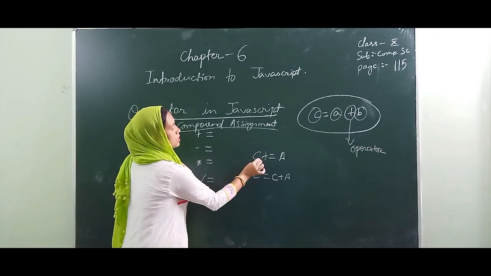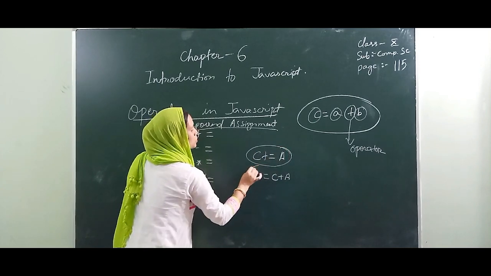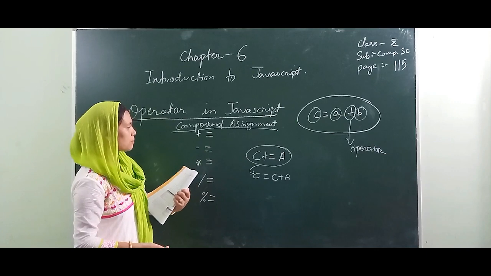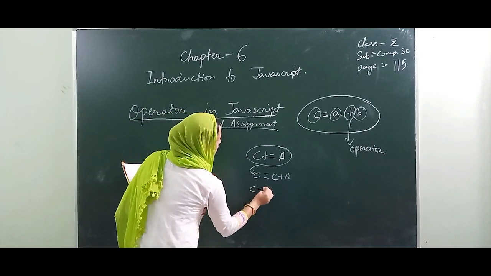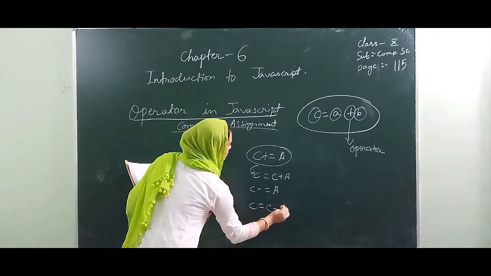That means C will be added with A and that same value will be assigned to C again. Alright. So in this manner the compound assignment operator will work. The next example, like C minus equal to A. That means C is equal to C minus A.